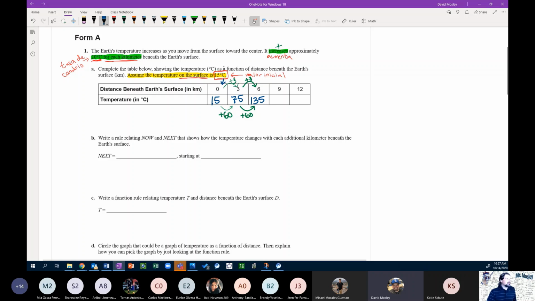All right. So now, each entry on my table is adding 3, right? Plus 3, plus 3. So we're adding 60, adding 60. So what are the next 2 numbers in my table?